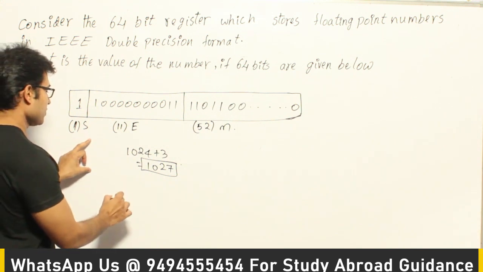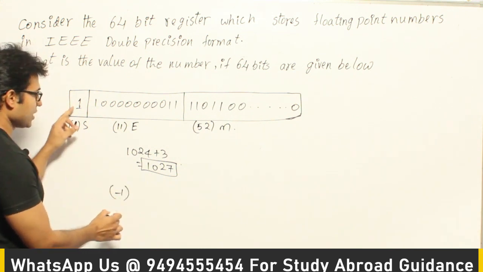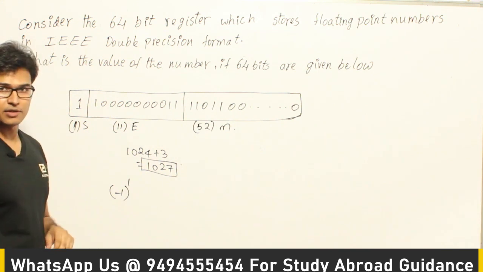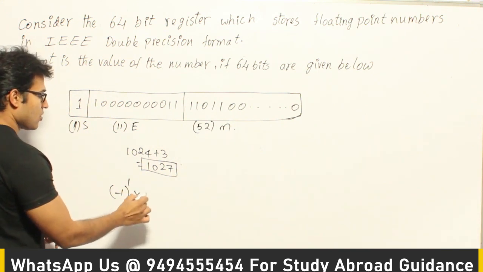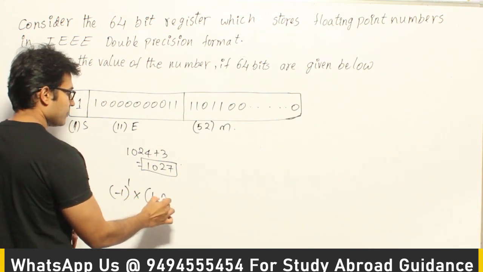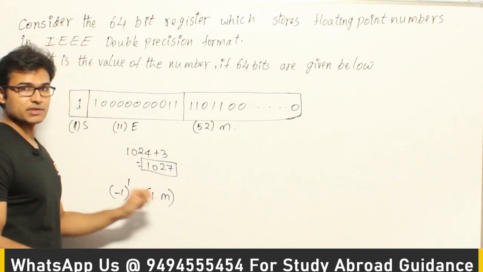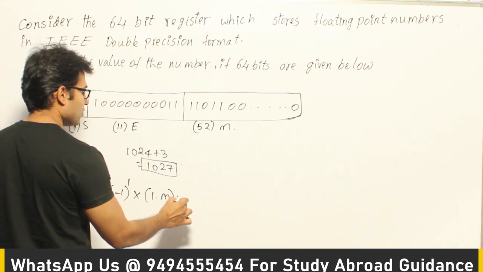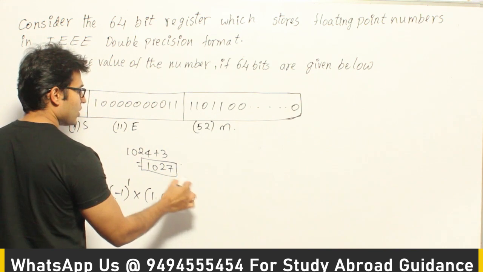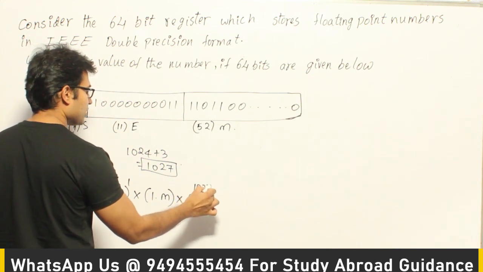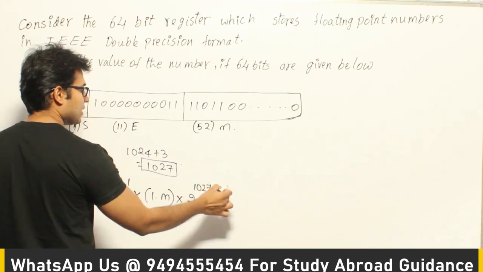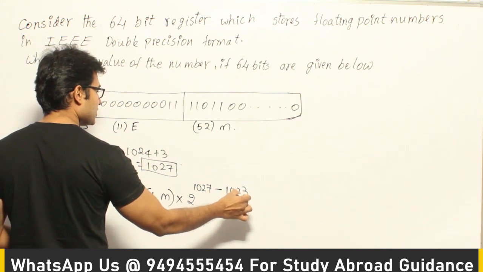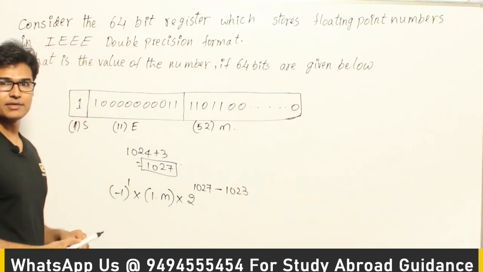How to write it: minus 1 power s. The sign bit is given as 1, therefore the number is negative, times 1 point m. Why 1 point m? Because of implicit normalization, times 2 power e. What is the exponent here? 1027 minus the bias; in double precision we know that it is excess 1023, therefore the bias is 1023.